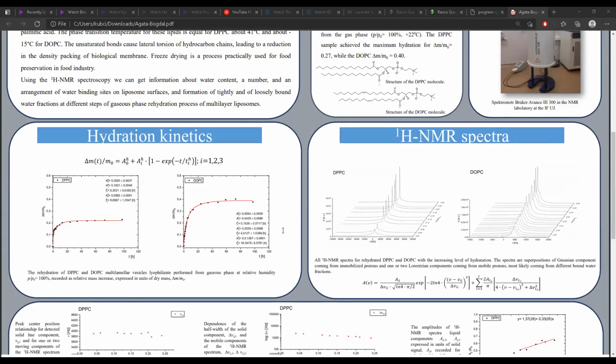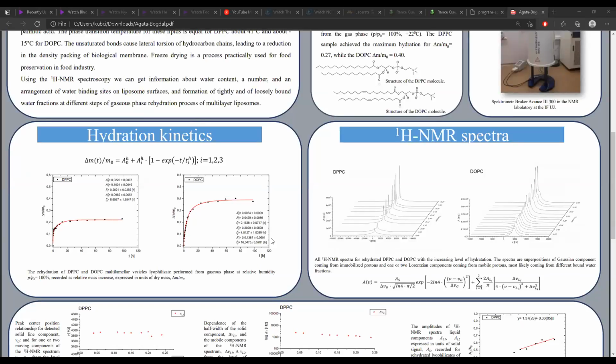So we can rehydrate them to check their hydration kinetics, with an exponential function that describes the time of the hydration.